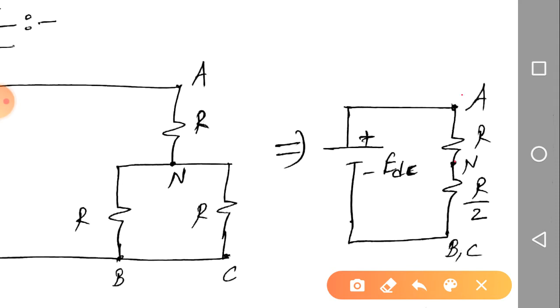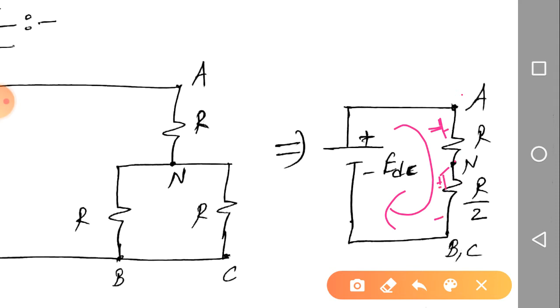Van is equal to R upon R plus R by 2 into EDC. Van is positive, be careful, because current will flow like this. So this one is higher, this one is lower. Similarly, from N to B, this is higher, this one is lower.